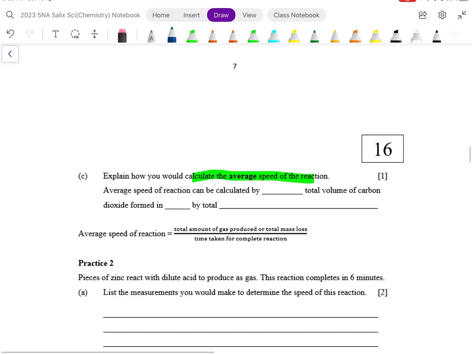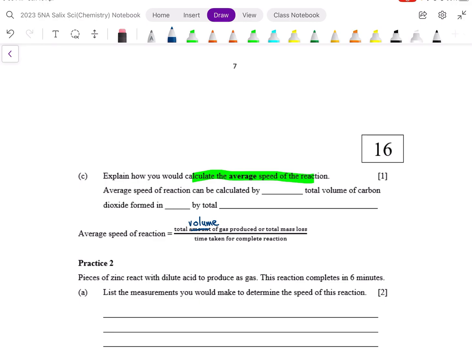Explain how you would calculate the average speed of reaction. For this one, it is the total volume of gas produced or the total mass lost over the time taken for reaction. There are two ways. In this case it is the volume of gas.